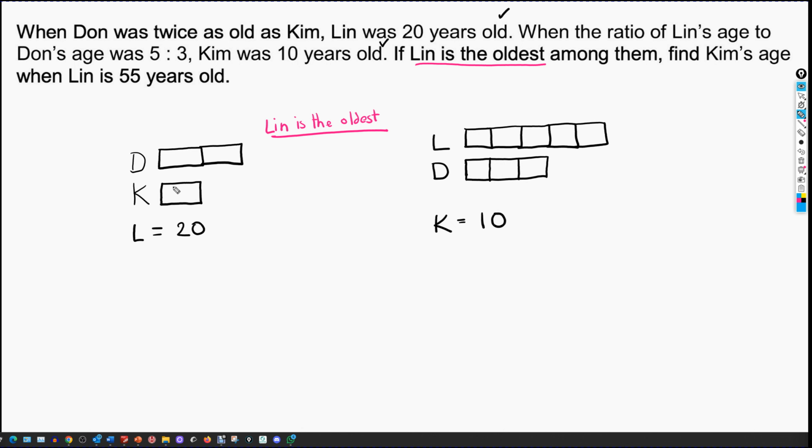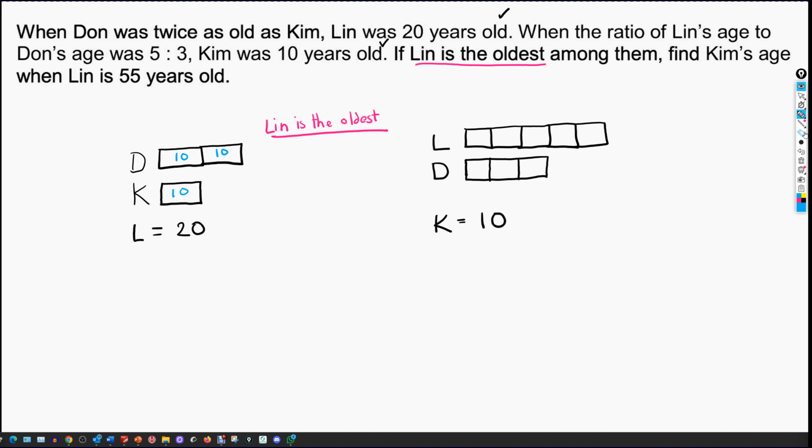Because if Kim was 10, if this is 10, this would be 10 and this would be 10. And if that was true, that would make Don 20, which would be the same age as Lin. And he can't be the same age as Lin because Lin is the oldest.